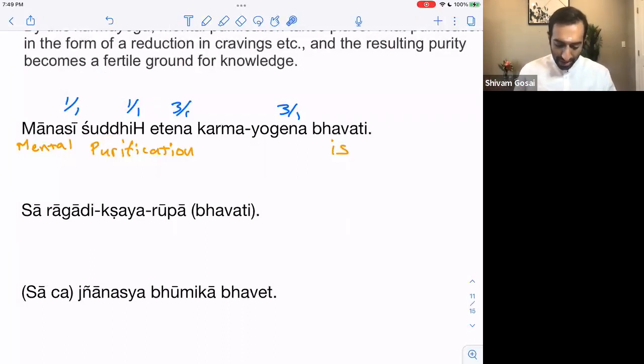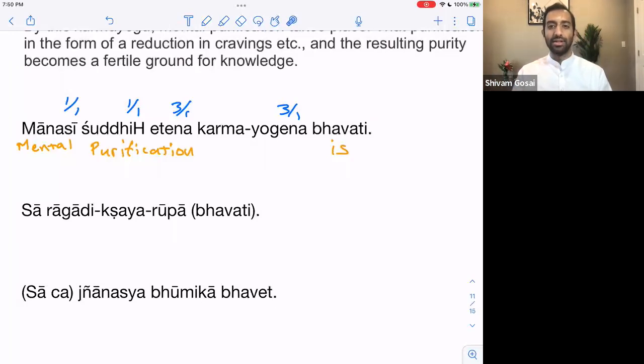Okay. Now it is etena karma yogena. Let's start with karma yogena. So what's the pratipadika? Karma yoga, right? So this is akaranta. What gender?